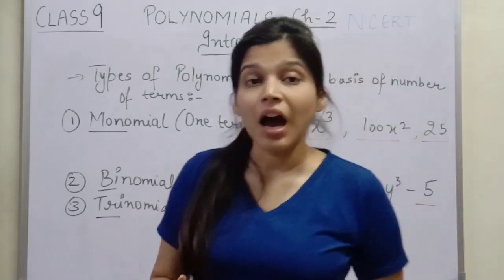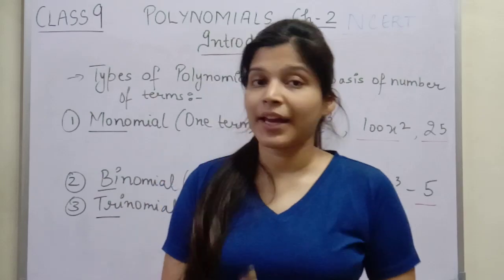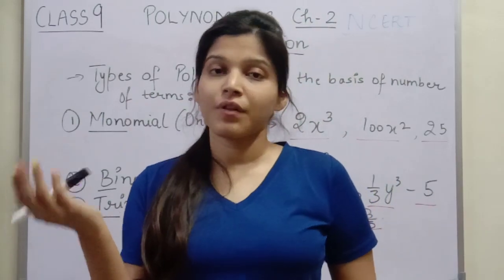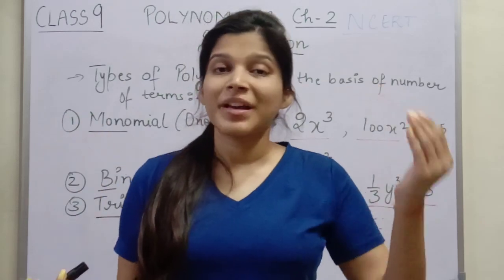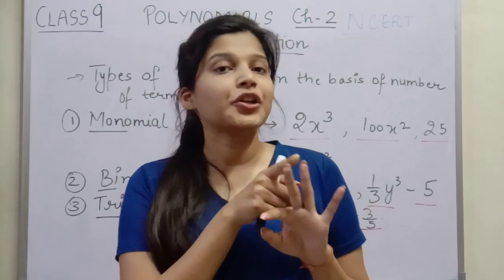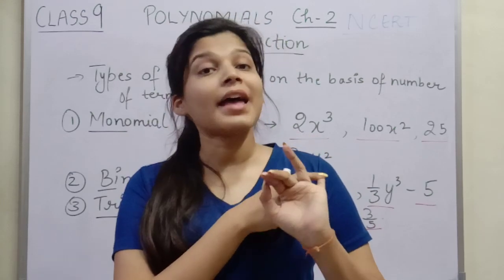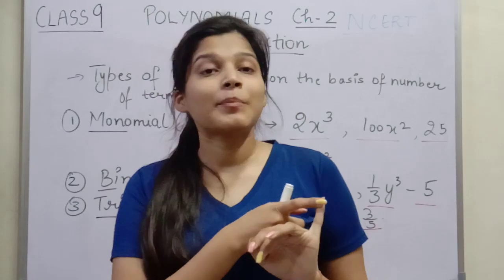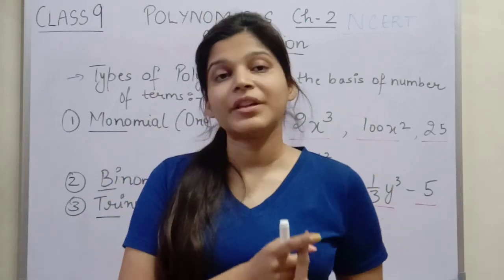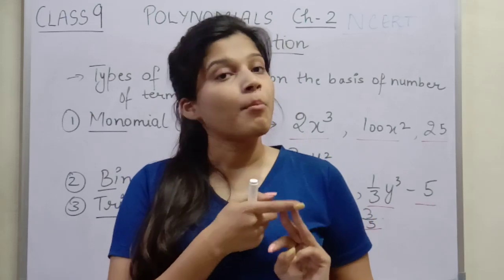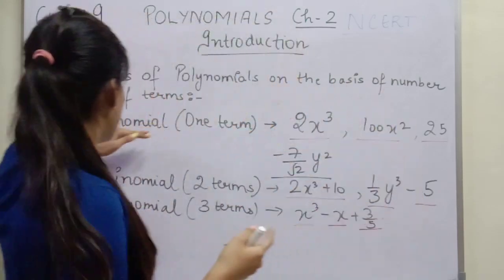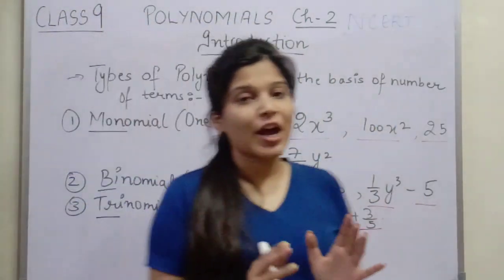Okay, so now we are familiar with the types of polynomial on the basis of degree and the types of polynomial on the basis of number of terms. So on the basis of degree we have constant polynomial, linear polynomial, quadratic polynomial and last one is cubic polynomial, right? And now on the basis of number of terms we have monomial, binomial and trinomial.